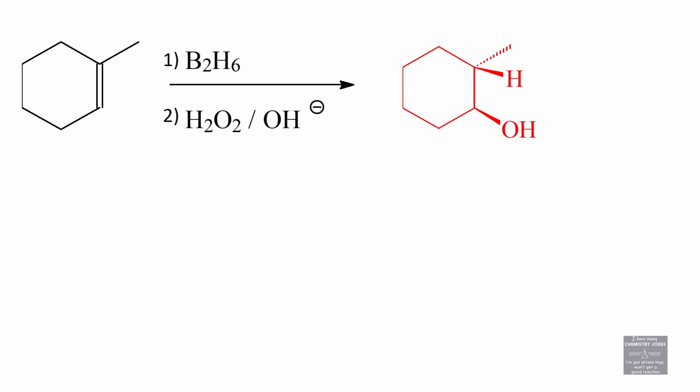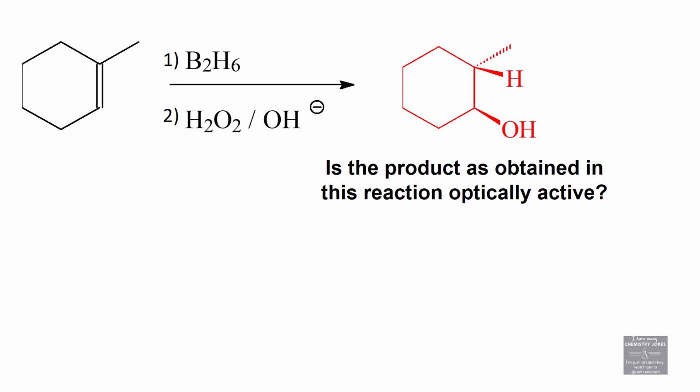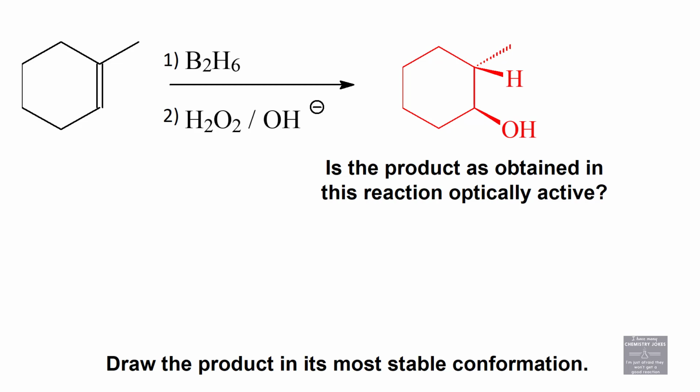There's my product. Would you expect the product as obtained in this reaction to be optically active? No, because it's a racemic mixture of enantiomers. Draw the product in its most stable conformation. Yep, conformations. That's a six-membered ring, and conformations of six-membered rings, that means chair structures.